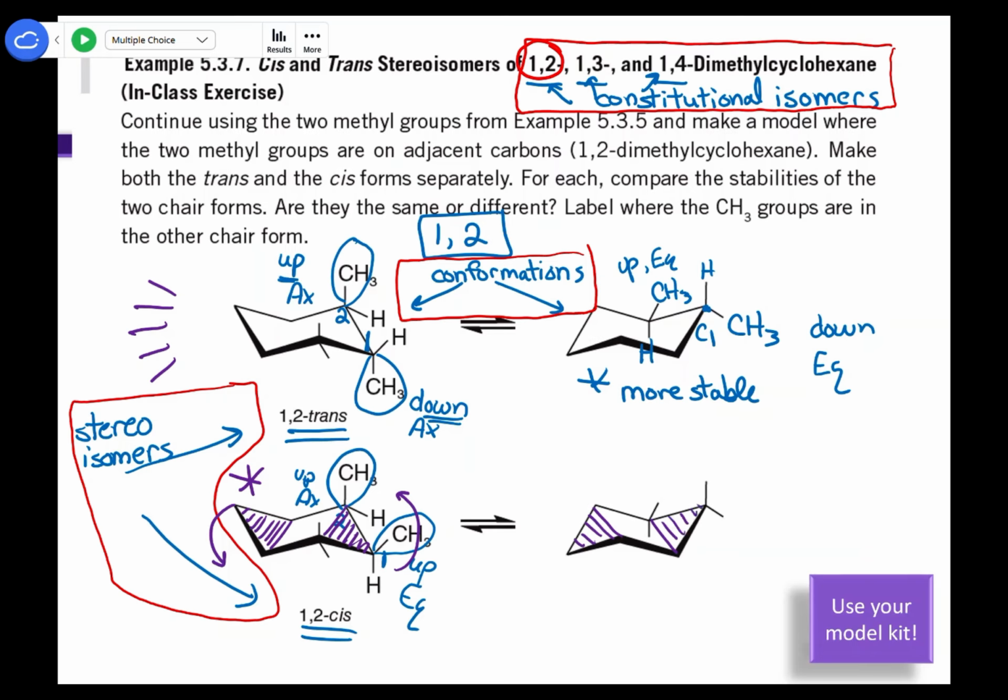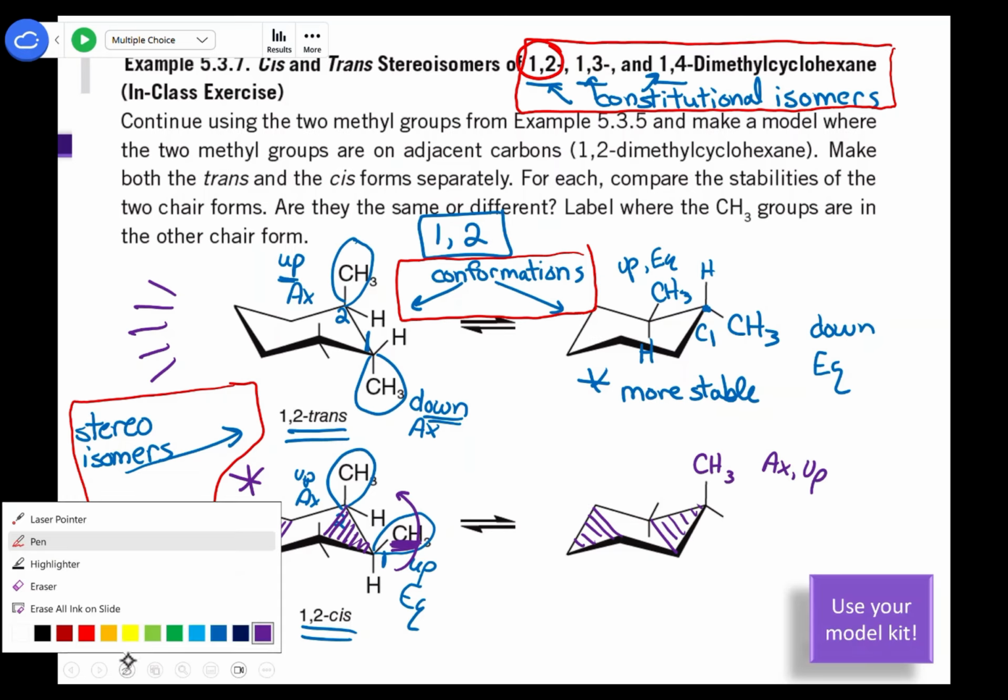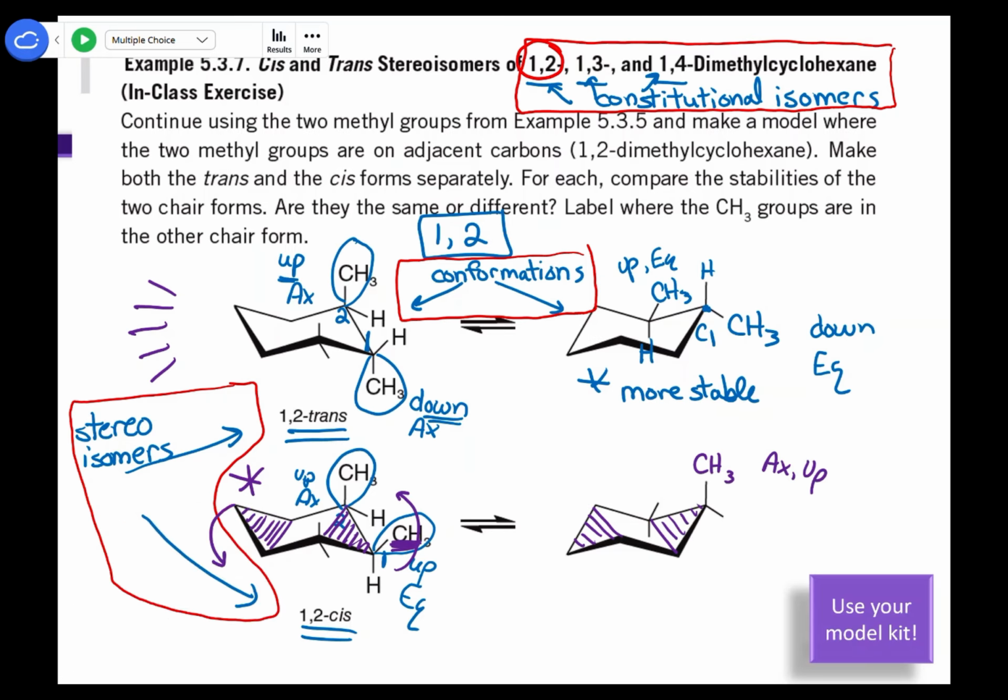And then we can draw in the methyl group that was in an equatorial up position is now in an axial up position. The methyl group that was in an up axial is now in an up equatorial. I can see both methyl groups are still in up positions.